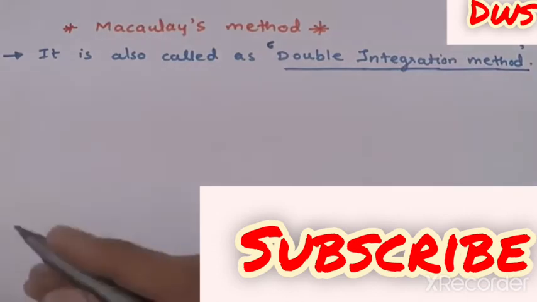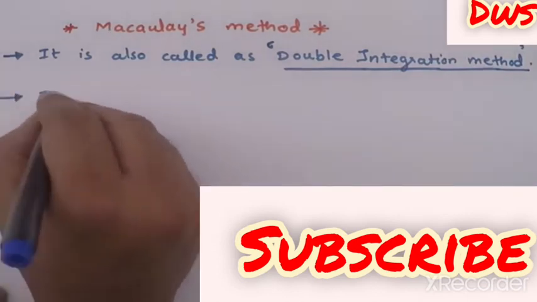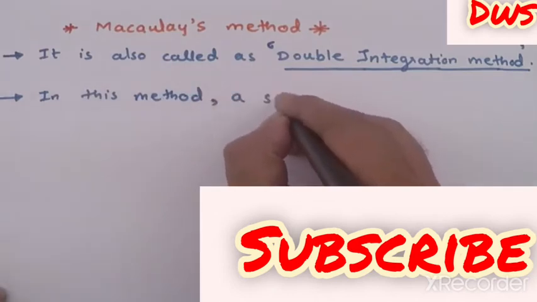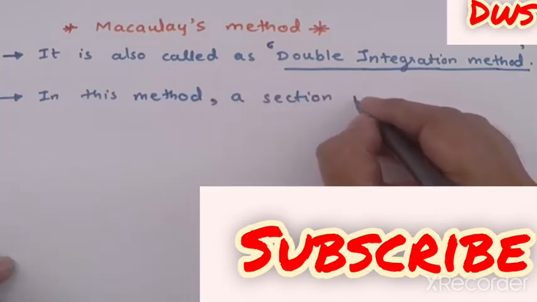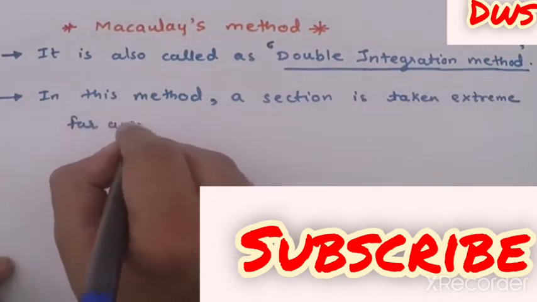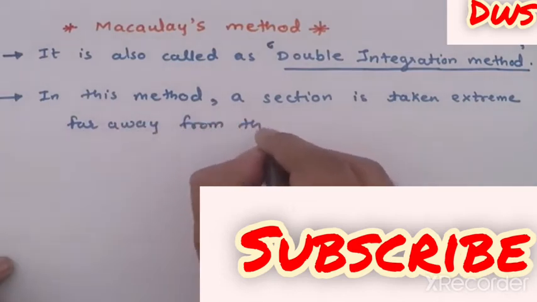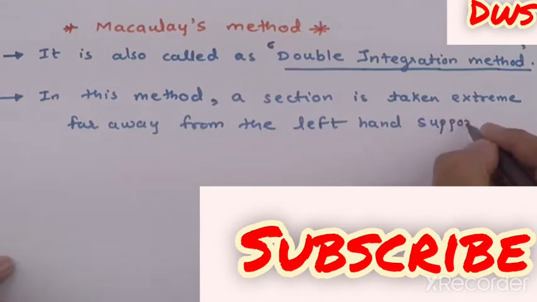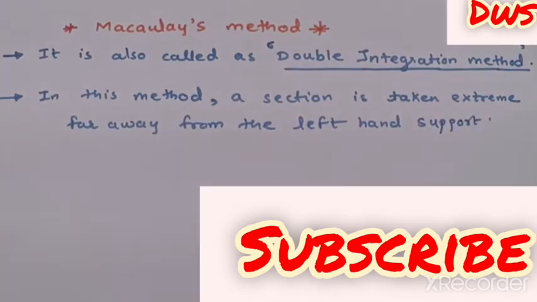Next, in this method, a section is taken extreme far away from the left hand support. So in Macaulay's method we have to take a section at extreme far away from the left hand support of the beam.